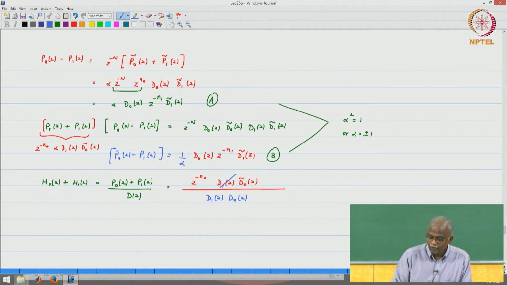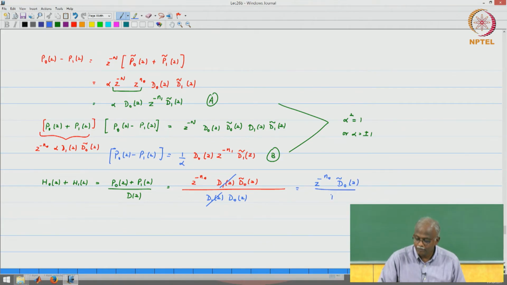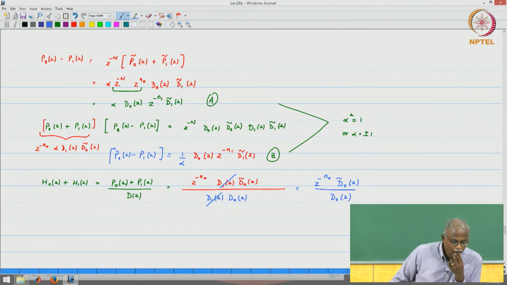Cancelling d1 present in the numerator and denominator, this is z power minus n naught d naught tilde of z divided by d naught of z. Okay.